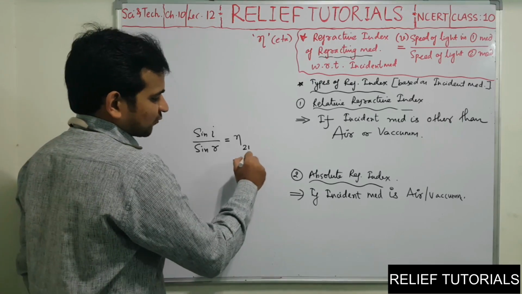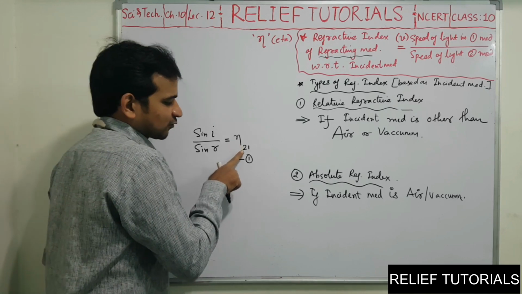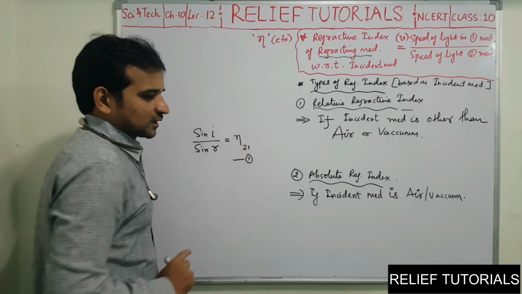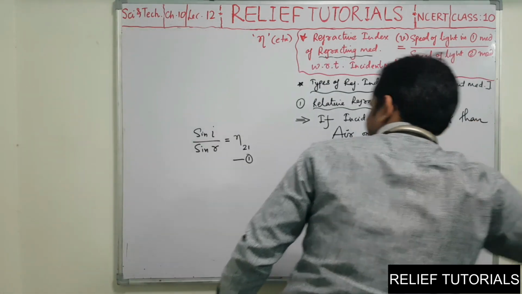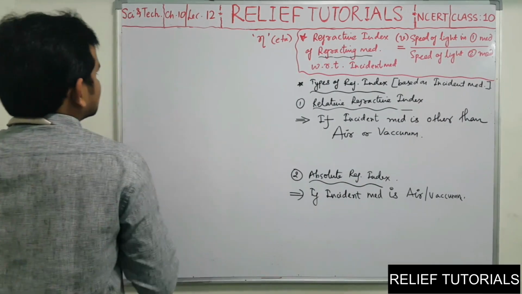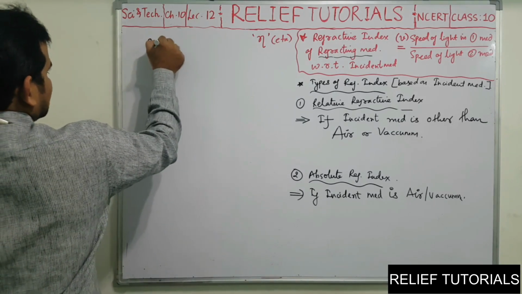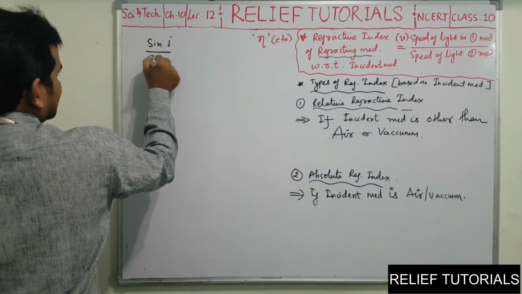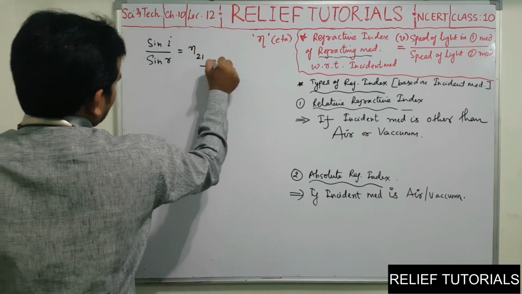This was result number 1, and this was the first formula for the refractive index of medium 2 with respect to medium 1. So sin i by sin r is equal to eta 2 1.